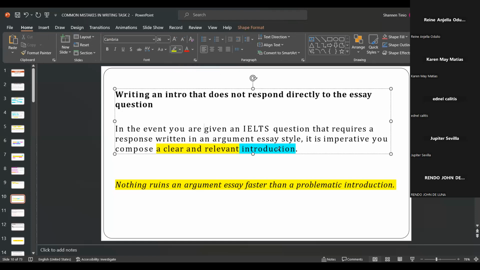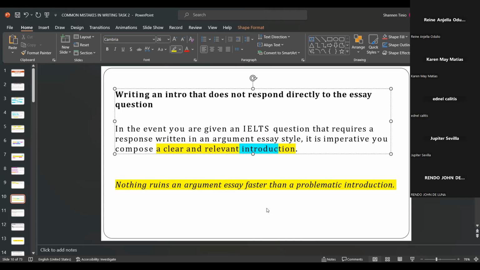From the word itself, introduce, from the word introduce, you have to be able to give an idea of what you are going to talk about, of the subject.